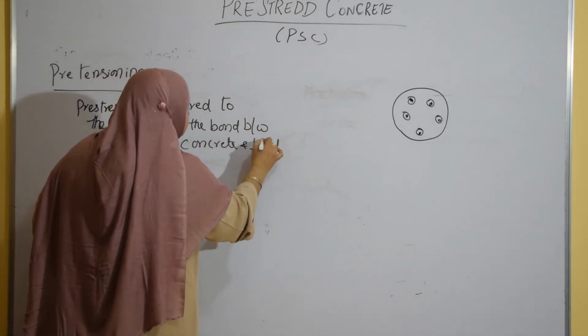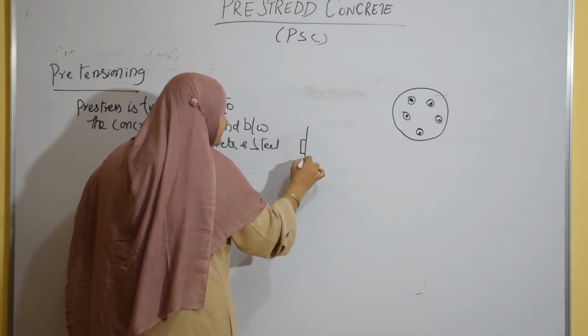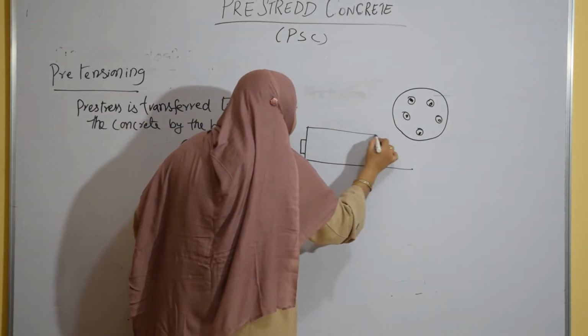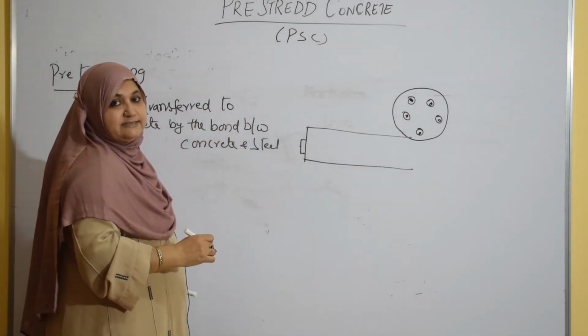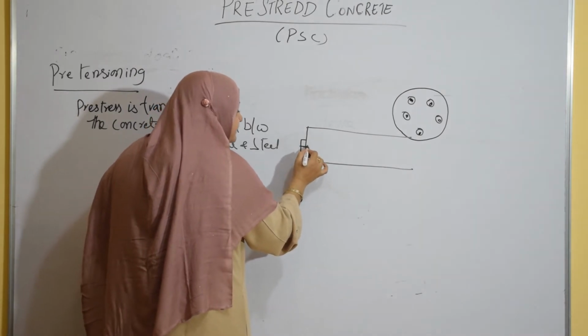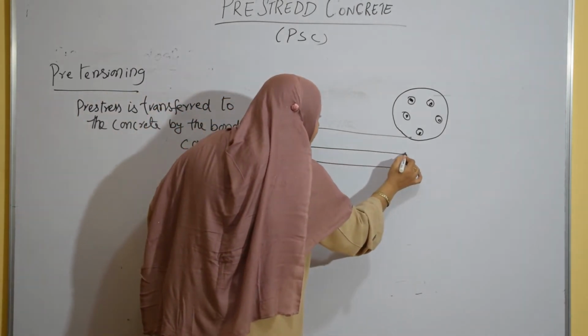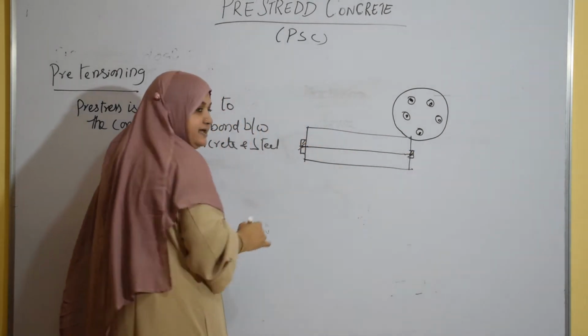Okay, I just try to draw one diagram. Suppose this is my anchorage. Okay, I am going to cast one beam, a pre-stressed beam. So this is an anchorage. It is a device. We are going to hold the tendon here. Then the tendon is again held on the other side like this in the anchorage. This will be the anchorage.